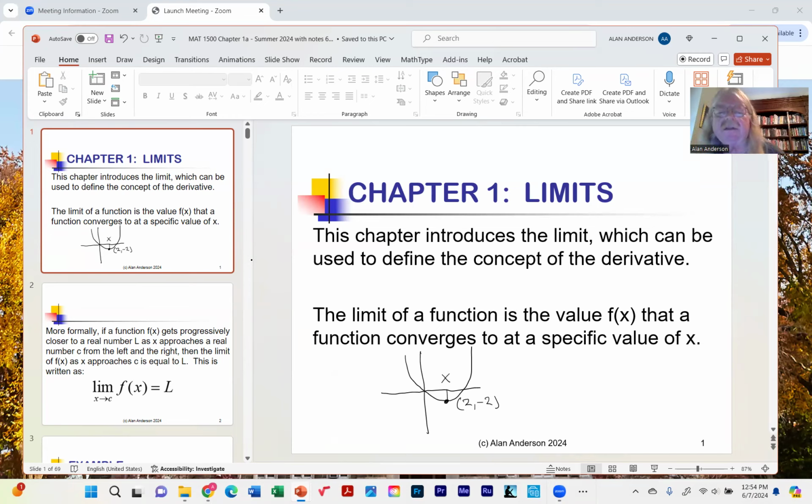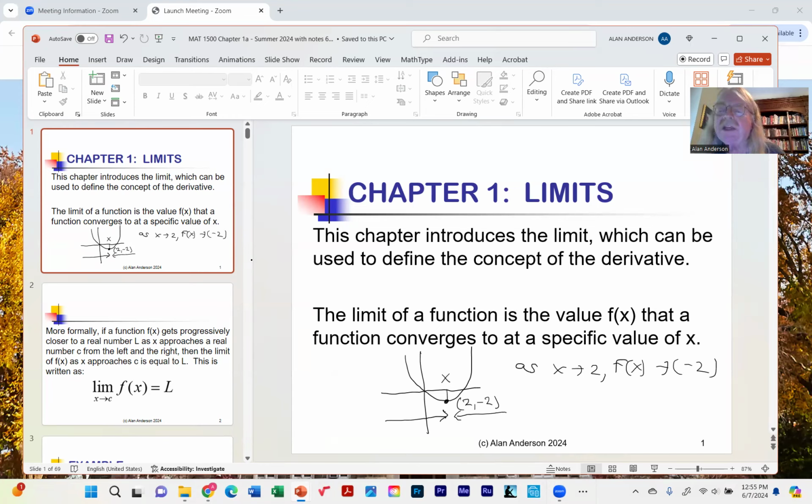So the idea here is that as we're approaching from the left, meaning that we're going through the x values in an increasing manner and getting very, very close to x equals 2, as x gets closer to 2, f of x gets closer to -2. Okay. And then if we come from the right side, the same thing is happening.